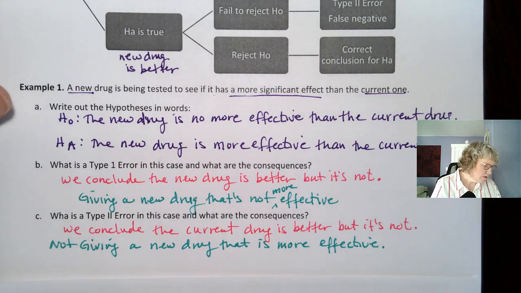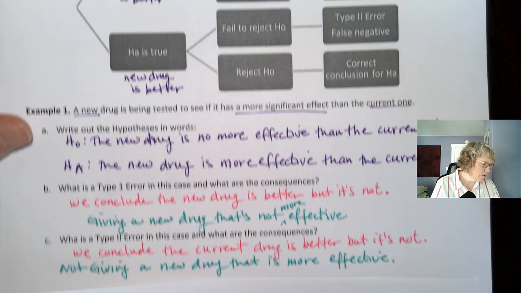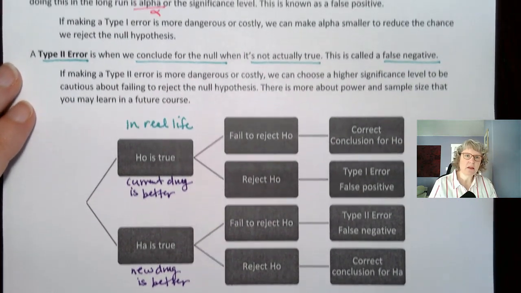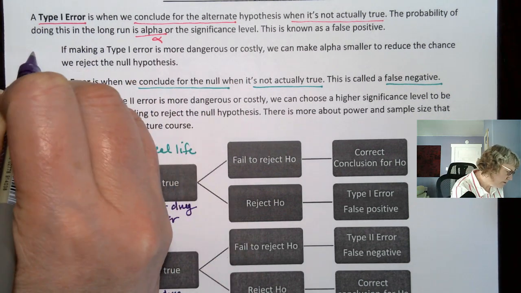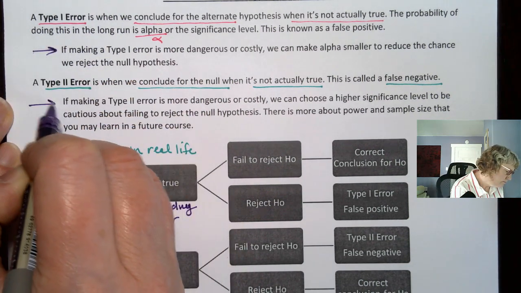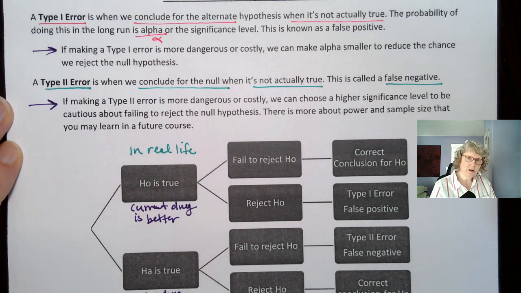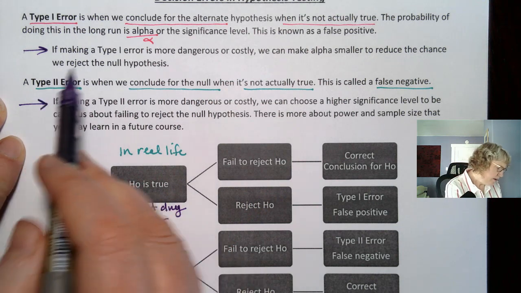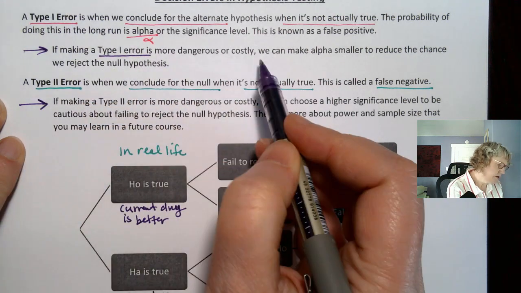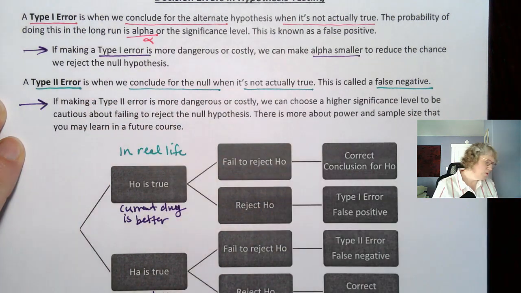So let me go back up to the top, and I also have a note down at the bottom here. Back up here, I skipped this part, so let me put some arrows here. Depending on which is more dangerous or costly in a situation. So if making a type 1 error is more dangerous or costly, we can make alpha smaller.